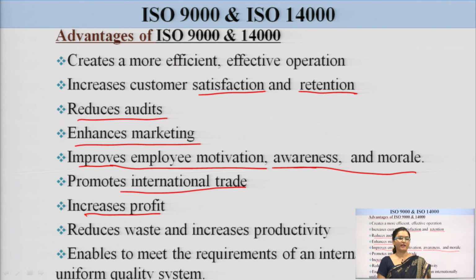So, yes, there are very less chances of product failure. So, that is how we can reduce the cost of production, and as the product is ISO 9000 certified, that is why its sale will be more. So, yes, it increases overall profit.